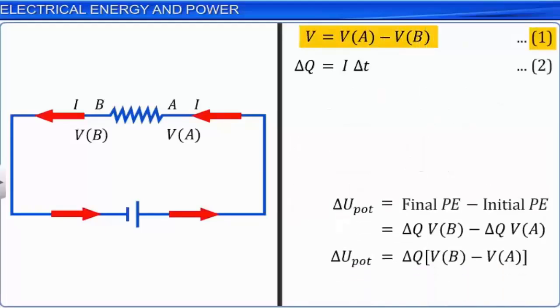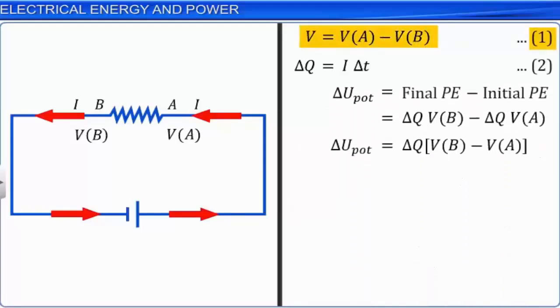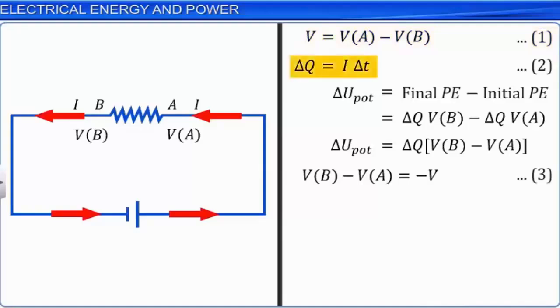Therefore, VB minus VA is equal to minus V. Let this be equation 3. From equations 2 and 3, delta U potential is equal to minus I delta t V. Let this be equation 4.